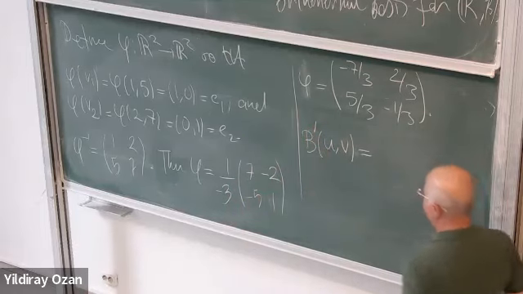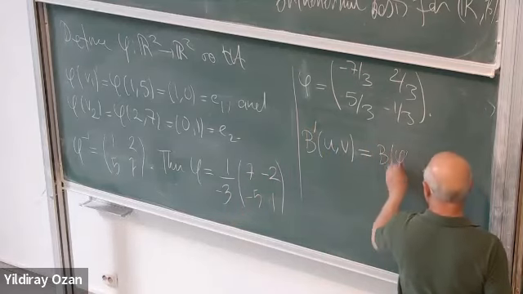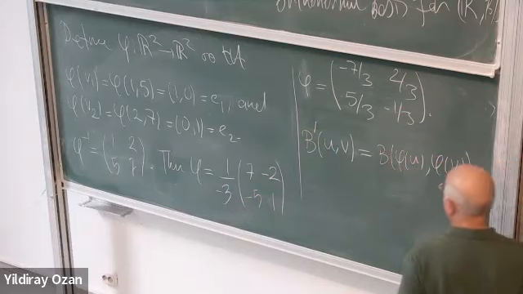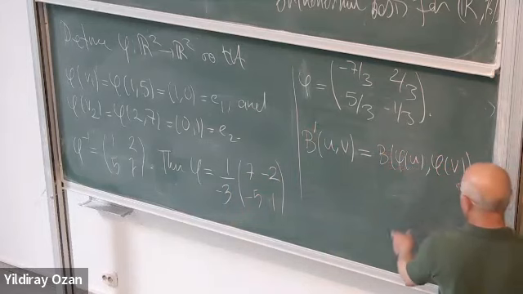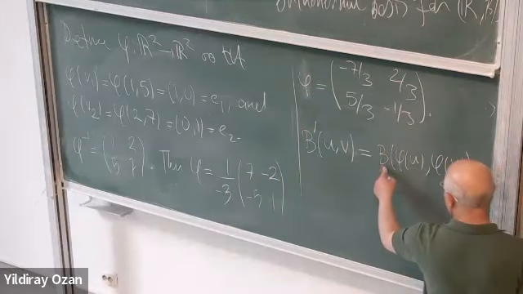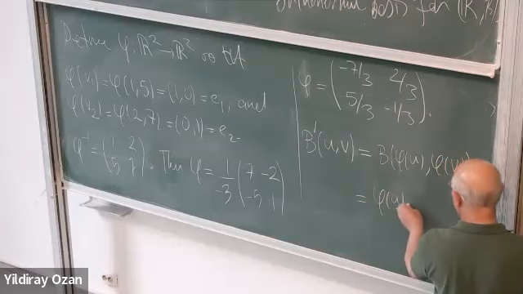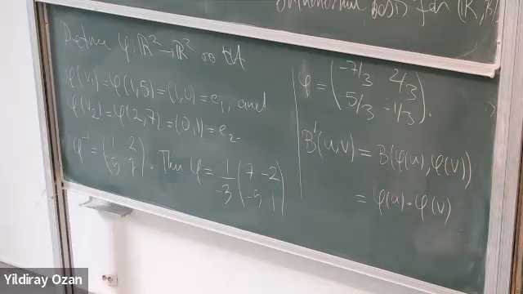B prime UV will be just B phi U, phi V. Okay. So this is just the standard inner product. So I'll just compute these vectors and then take the standard inner product. So let's just compute these vectors.